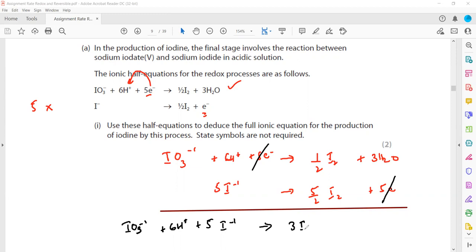So this will be 3I2 plus 3H2O. So this is a balanced combined equation for the reaction between iodate and iodide ion. Is this part clear, how we write the balanced equation?